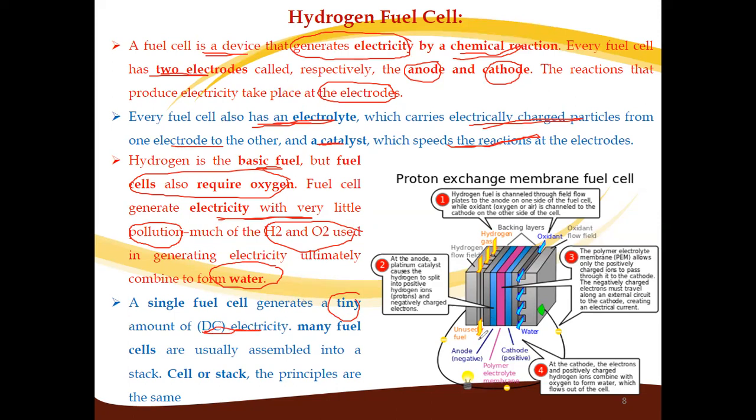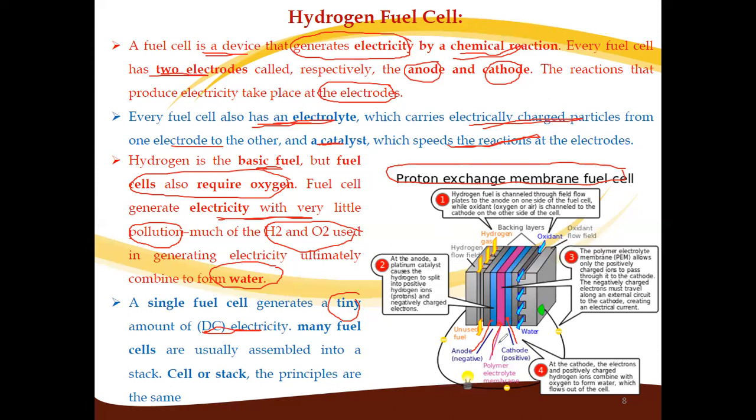One type of fuel cell is shown in this figure, the proton exchange membrane type of fuel cell. In this, the first step is that the hydrogen fuel is channeled through field flow plates to the anode. So this is the anode, and this part is the cathode. The cathode is the positive terminal, the anode is the negative terminal, and in between anode and cathode we have the polymer electrolyte.